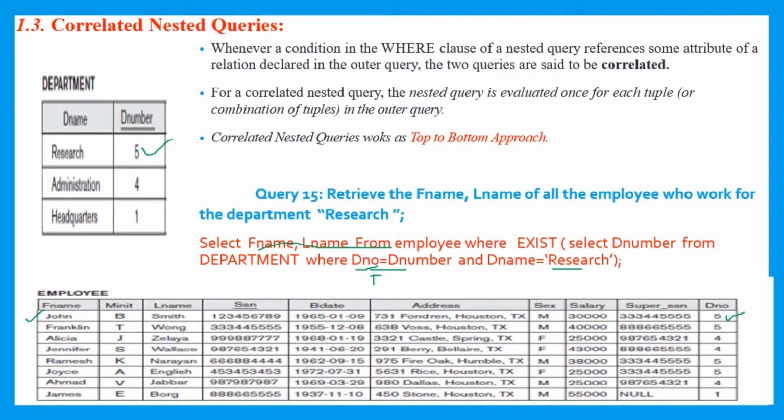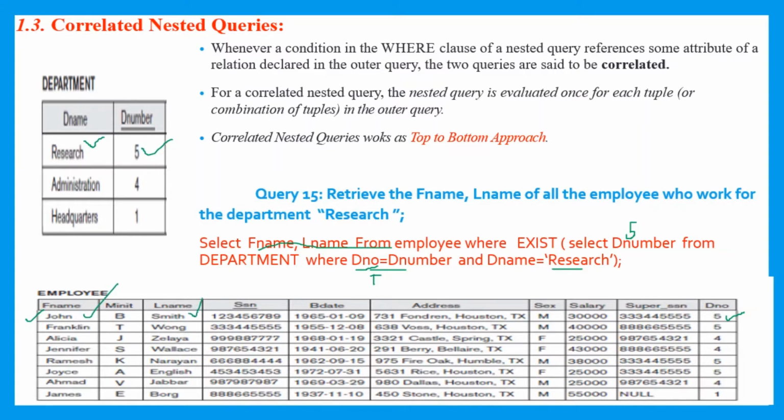Yes, the D name is Research, so this is true. Now this query is going to return department number 5. Now for the outermost query, the result 5 is true, and it is going to return the first name and last name of the employee. The first name and last name of the employee are returned.